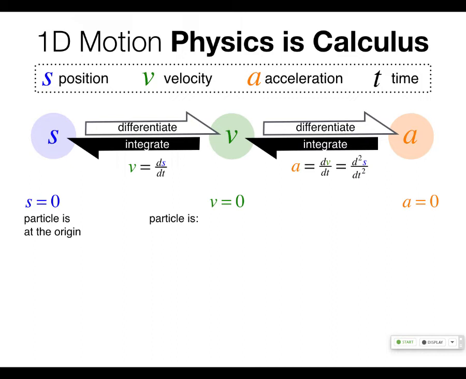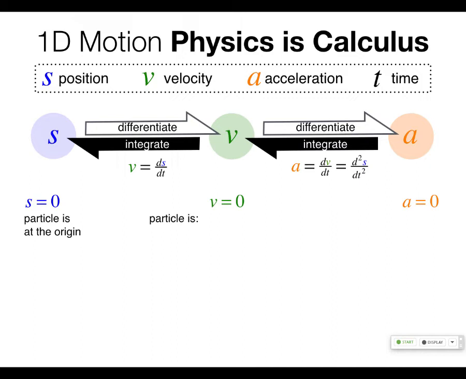So for instance, if I throw this thing up in the air, it starts with a big speed. What does it do as it goes up? Slows down. What does it do up here? Stops, and then it turns around. So velocity at this point, 0. Does that mean the pen is not moving? No. You always have a velocity of 0 right at the moment that you change directions.